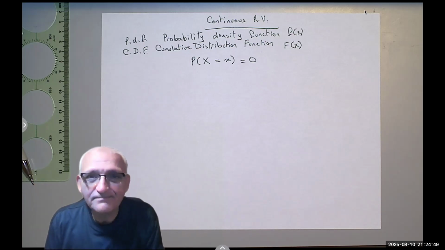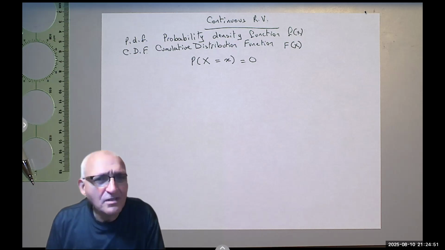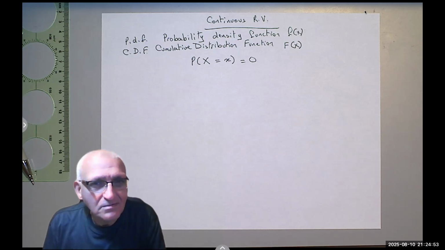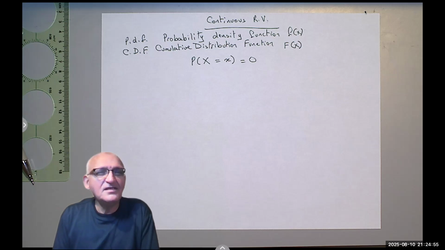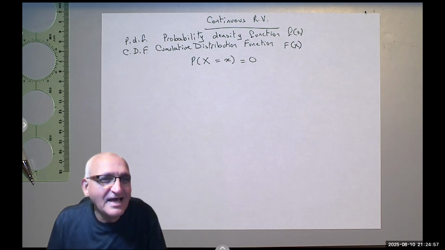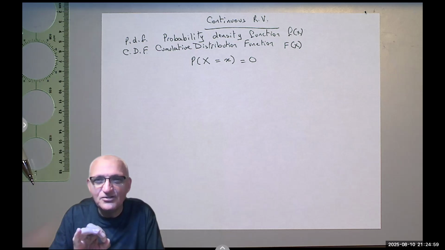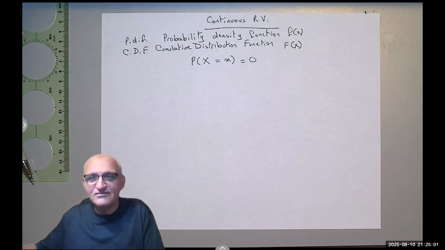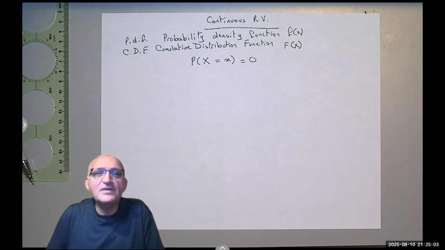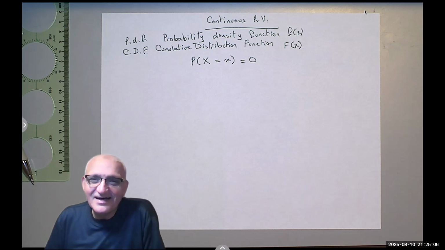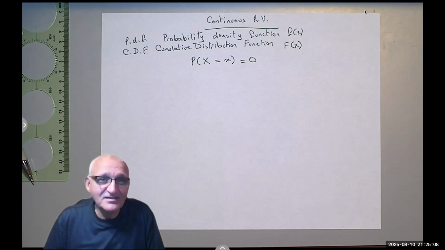Yes, infinity. So, what is the probability that x takes a specific value out of these infinite values? Much, much worse than the lottery, right? It's 1 over infinity, which is 0.